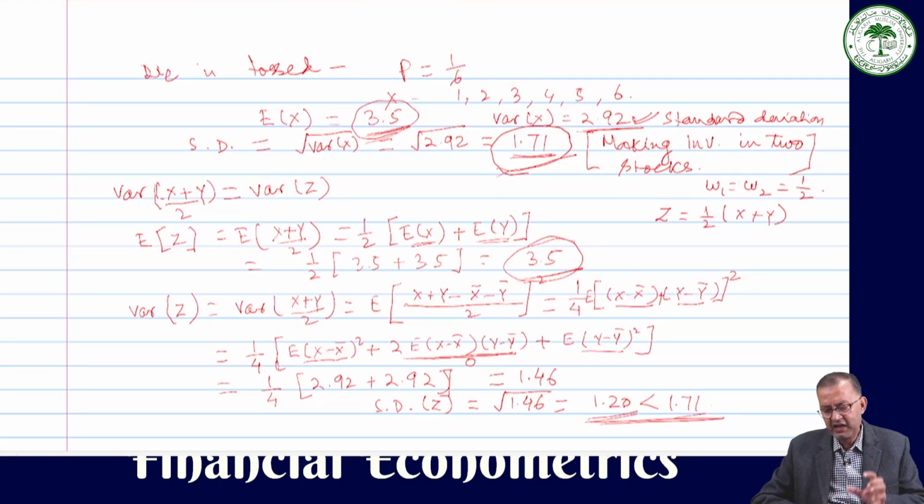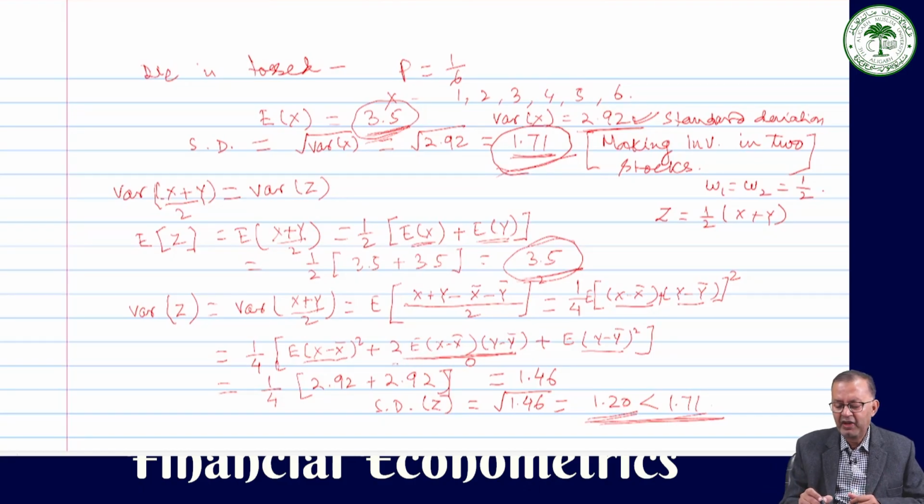This we have tried to understand with the help of the example of tossing two dice, where the probability of occurrence of each of 1, 2, 3, 4, 5, 6 is equal to 1 by 6, and the two dice are independent.